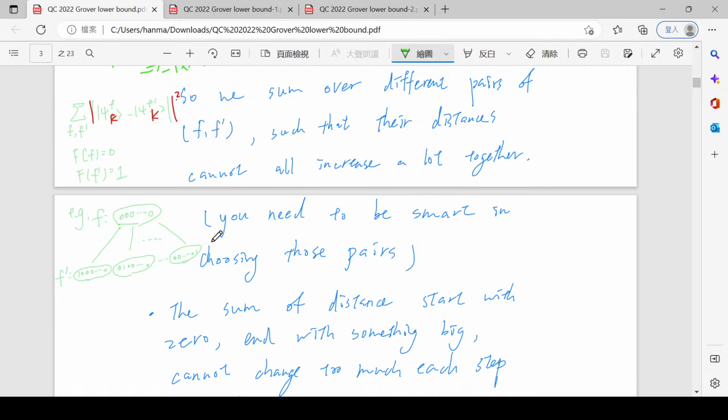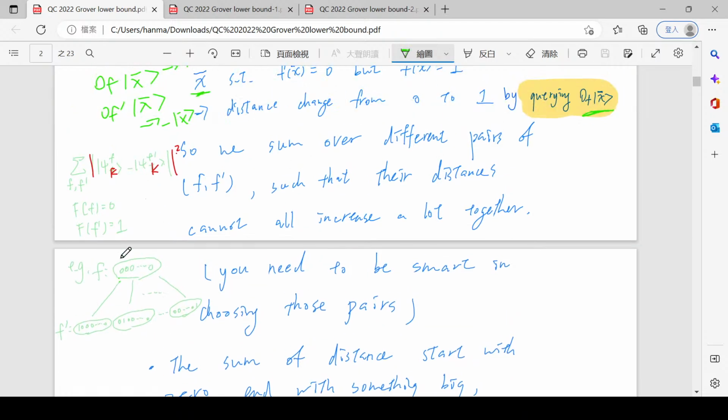But for this decision version of Grover search, we think the all-zeros input and those inputs that have a 1 somewhere are pretty hard to distinguish. So we will check our progress function, which is the sum over all pairs of those distances. And the distance we use is just the state.